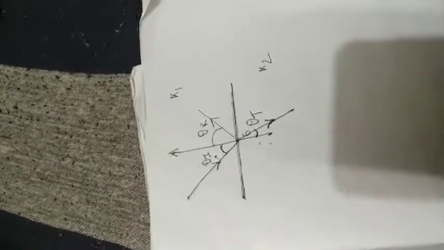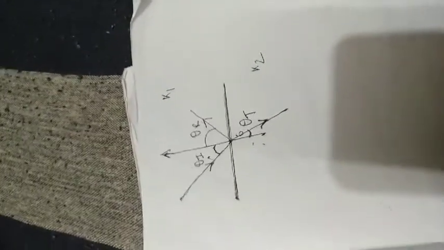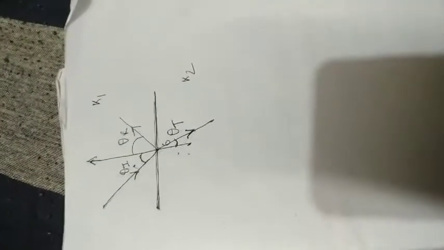Now we are going to establish the theory of reflection and refraction just by applying the laws of electrodynamics. Here we apply the condition that the tangential component of the electric field of the electromagnetic wave will be continuous at the boundary, at any point on the boundary and at any instant of time.